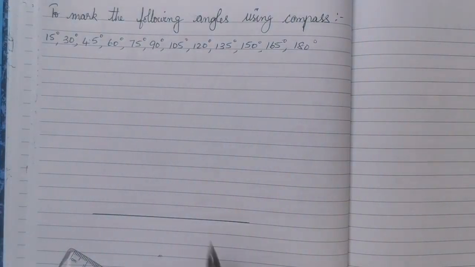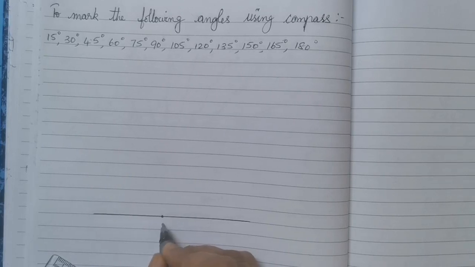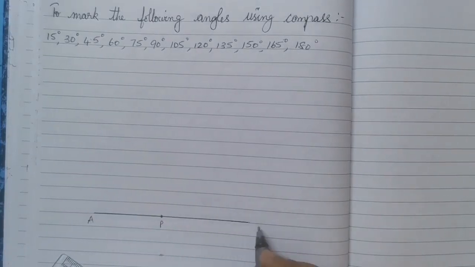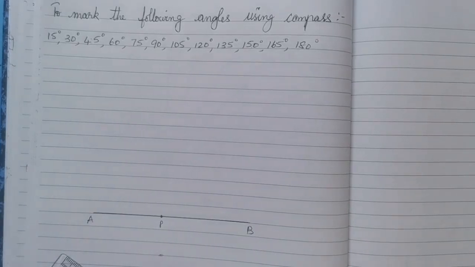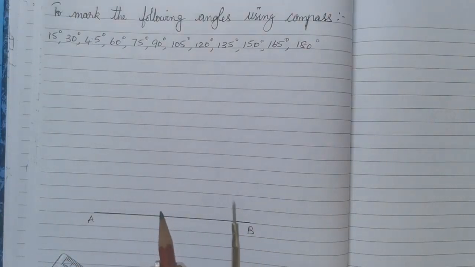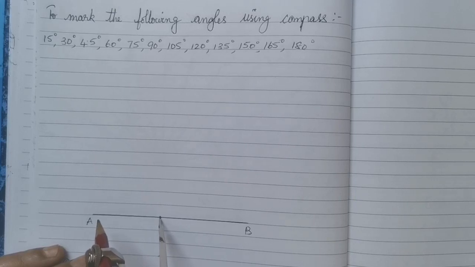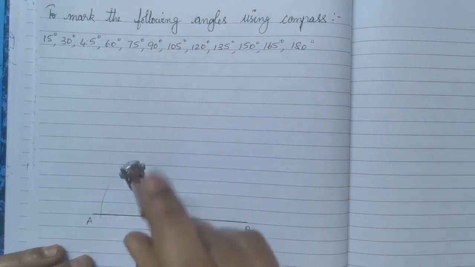I have a line. On the line, I have a point P. I name this line as AB. Now using compass and taking any radius in the compass and keeping the needle of the compass on the point P, I mark an arc.